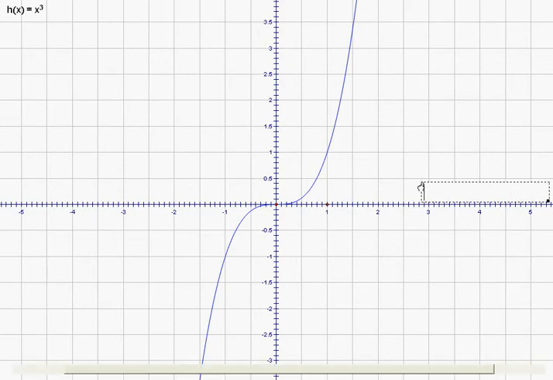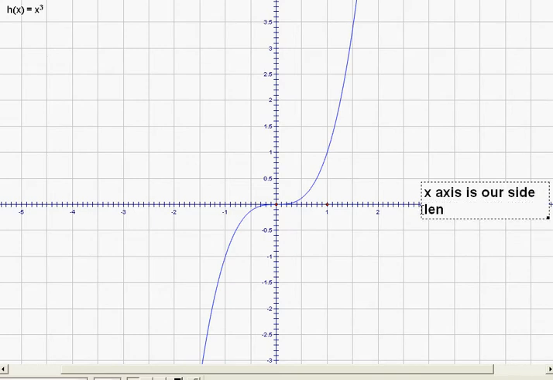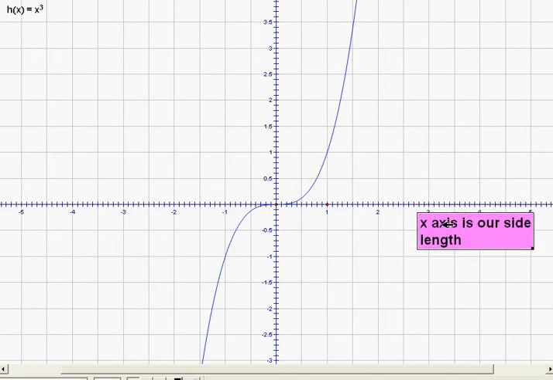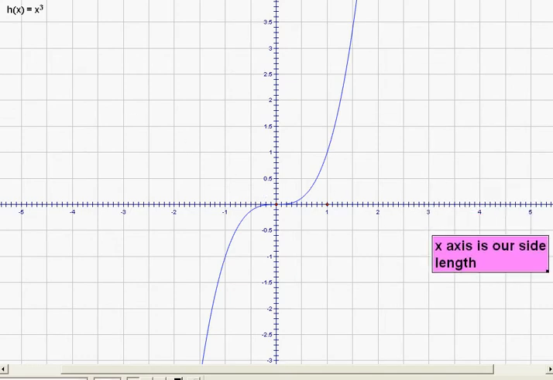Well, if our x-axis is our side length, then all we need to do is go to 1.5 units, which would be right here.